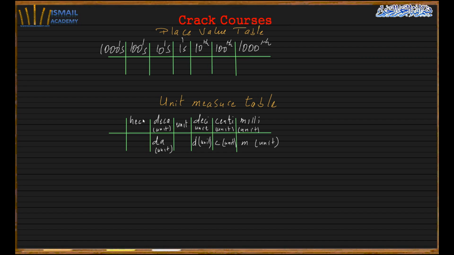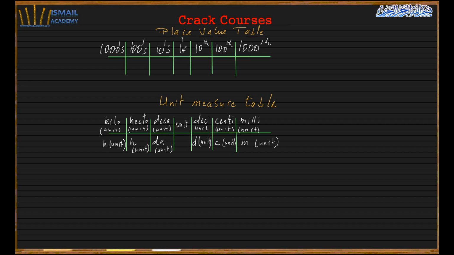Hecto of the unit, this is the hundred, so this is H, and we put the unit. And kilo of the unit, so it's going to be K, and you put the unit next to it.